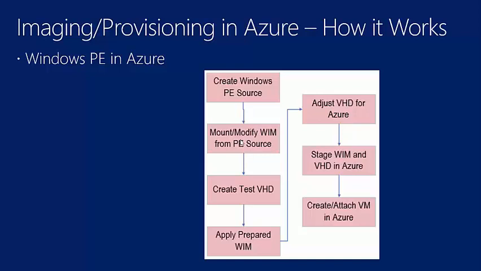Once we have the WIM modified, we're going to create a test VHD, right? And at that point, we've basically taken Windows PE that we created here, modified here, and we're dropping Windows PE onto the test VHD so that whenever we boot from that VHD, Windows PE comes up.